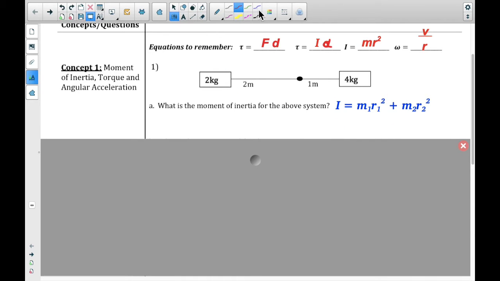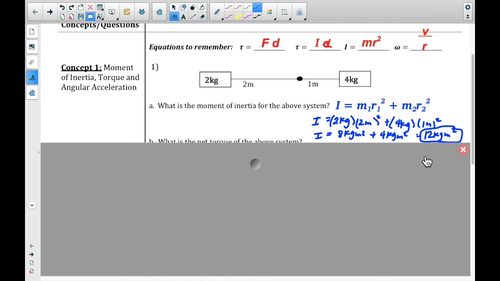So if we take a second to do that, our first point is the 2 kilogram. Its radius, basically meaning the distance away from the pivot point, is 2 meters. We square that. Our other one is 4 kilograms, and its distance is 1 meter, and we square that.